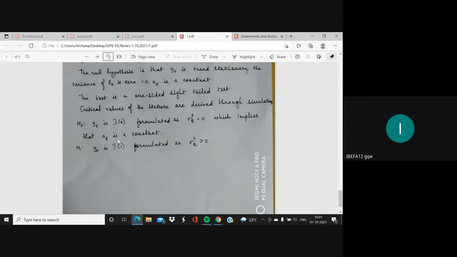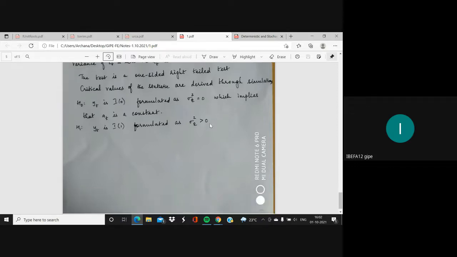The null says that y_t is a stationary time series, and the test is formulated so that the error term which enters the additive random walk has 0 variance, which implies that a_t is constant. The alternative hypothesis is that y_t is a non-stationary time series and that the error variance is some positive value.